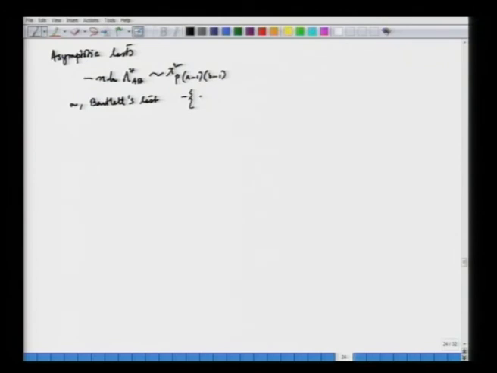This is ABn minus 1, which is now the total number of observations, that is, ABn minus 1, the total n minus 1.